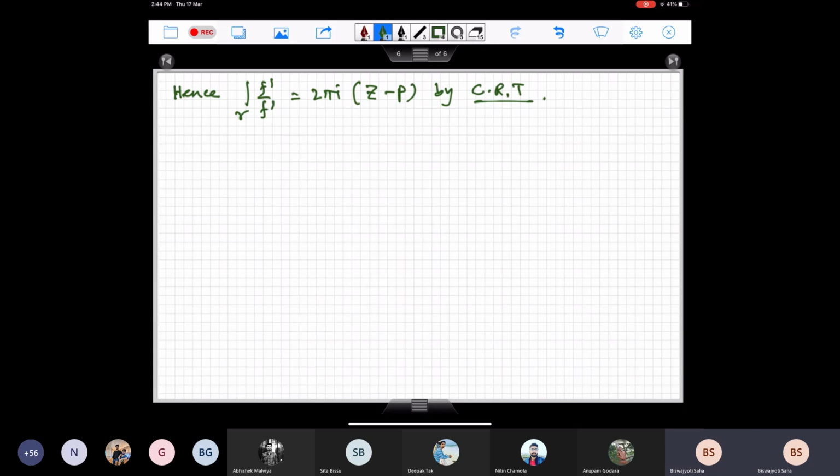The only difference is how you understand whether this pole is coming from a zero or a pole. You will not get it from the residue alone. If the residue is positive, then the singularity is coming from a zero. If the residue is negative, then the singularity is coming from a pole. That's the crux of the matter.